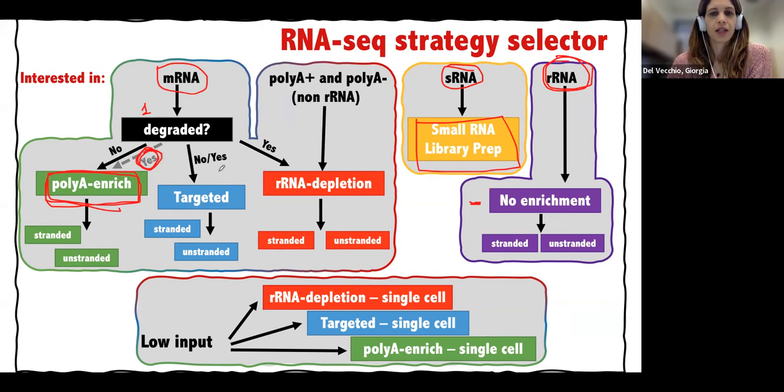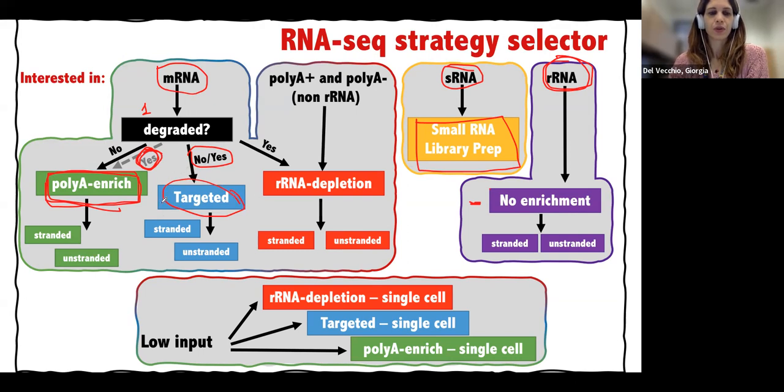Is our RNA degraded? Yes or no, like the yellow score. So in between, like from 5 to 6 or even 4, can work. You can try the targeted RNA library prep approach. So this is targeting the exons.